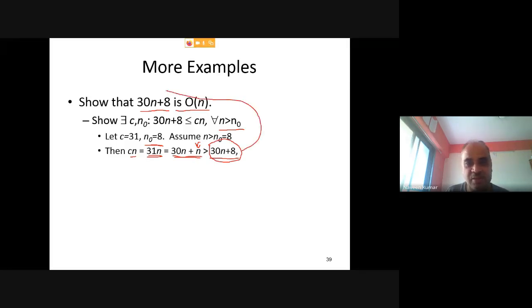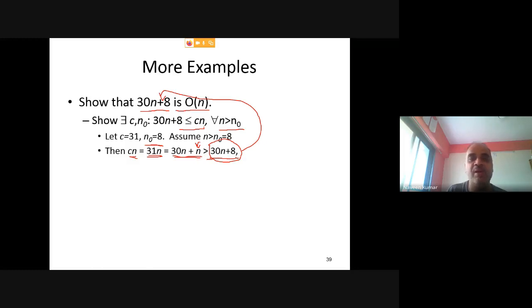And this is what this function was. Now we are reversing things: we are saying cn is equal to this, and finally we come here. What we want to show is that cn should be greater than or equal to 30n plus 8.